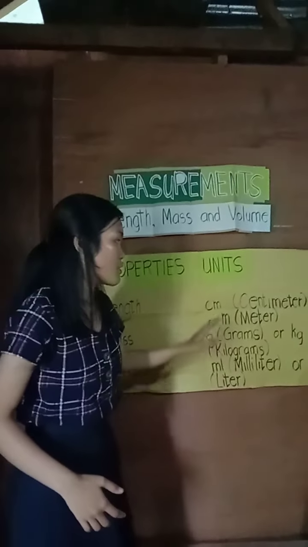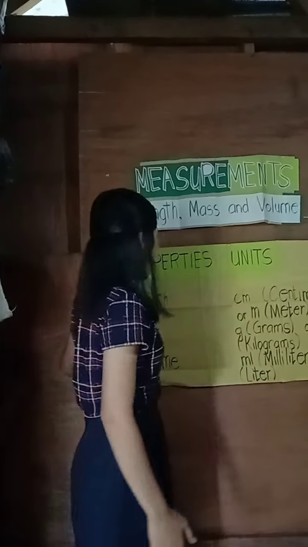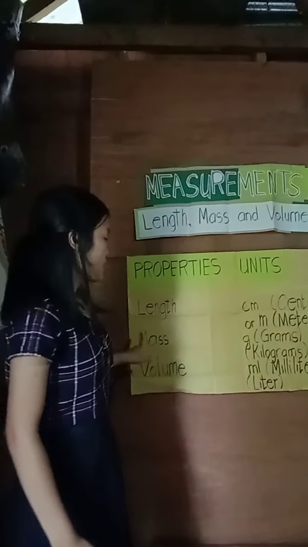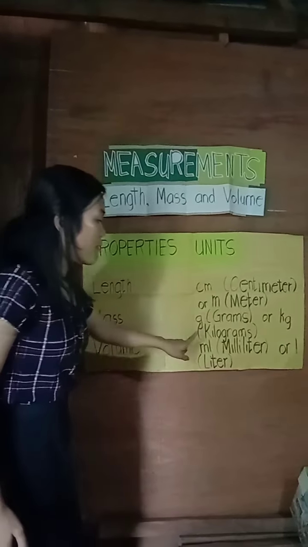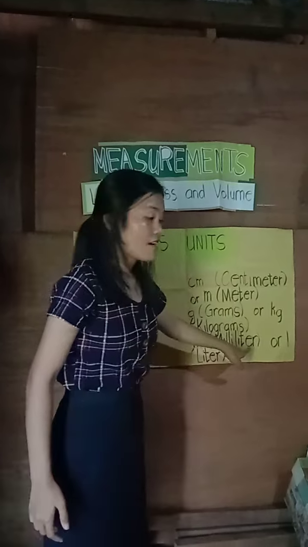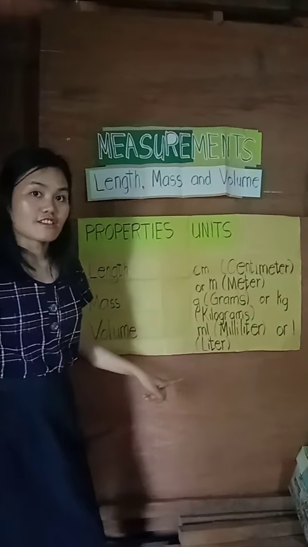They are just the same. Next is the volume. The units of volume are ml, which stands for milliliter, and L for liter.